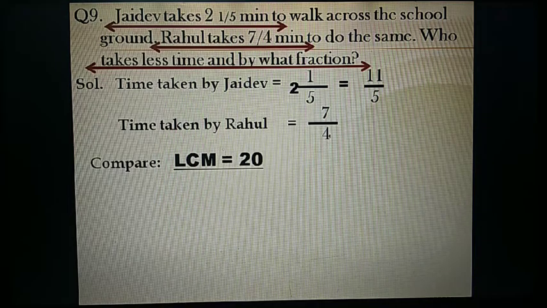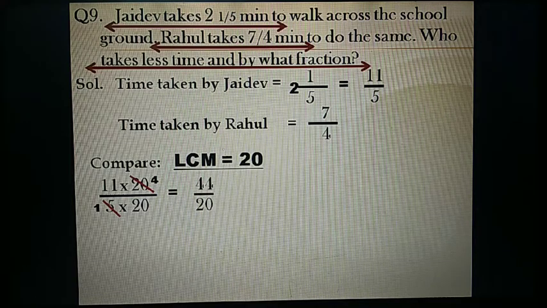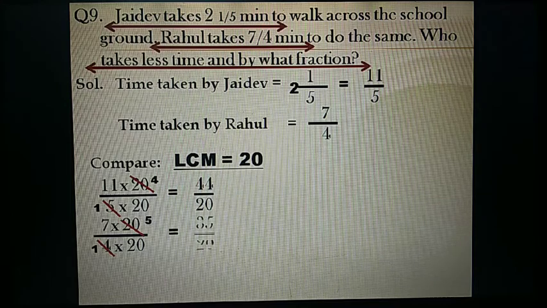LCM will be 20 as the denominators are a set of co-prime numbers. First multiply the first fraction by 20, perform the cancellation. 11 fours are 44 upon 20. Then use the second fraction, multiply by 20, perform the cancellation. 7 fives are 35 upon 20.